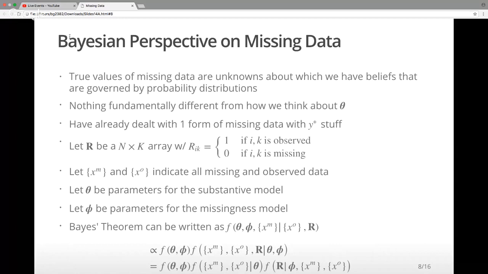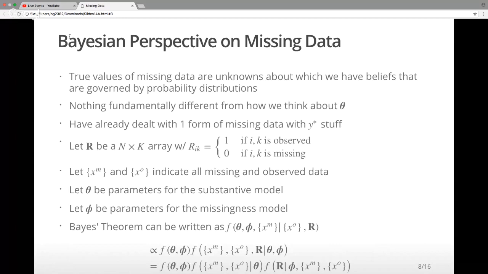That posterior can be written as proportional to a prior on theta and phi, multiplied by a PDF for the missing data, the observed data, and R together, conditional on theta and phi.